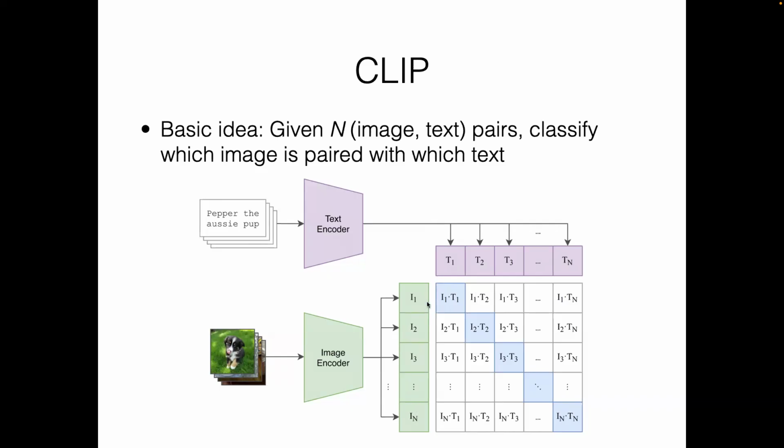Similarly, you run the images through. And now let's say you take the dot products of these different vectors. Okay, so in particular on this diagonal here, what we have is the dot product, which is kind of like a score of the image along with the text that it's paired with.